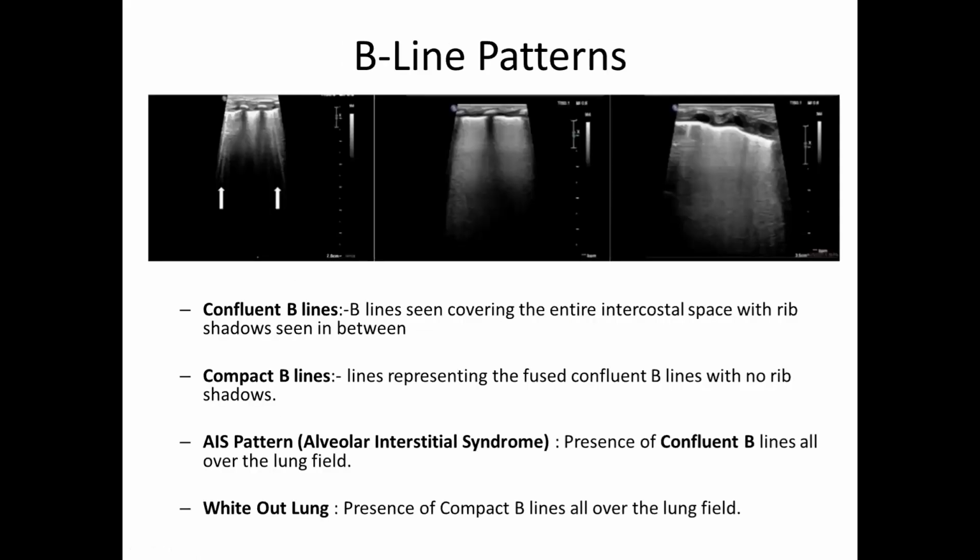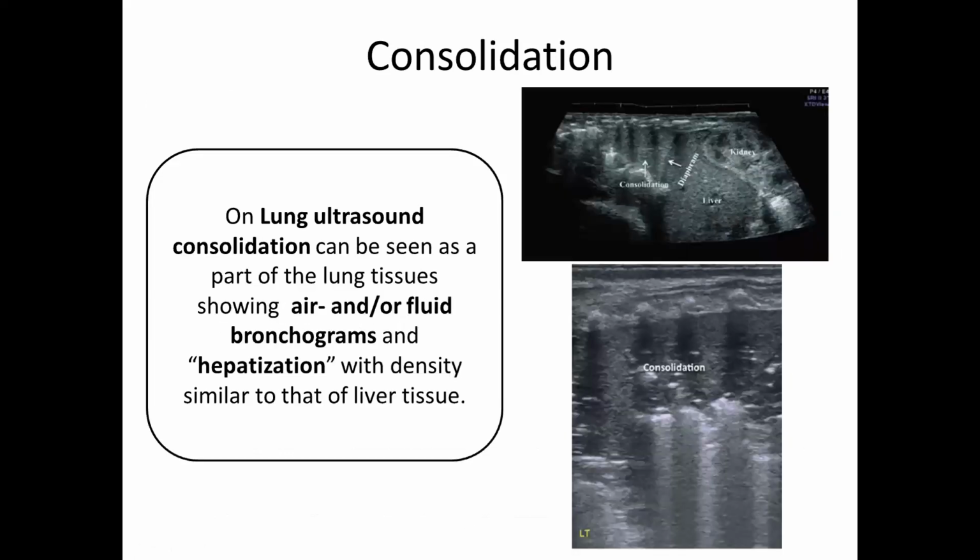There are different types of B lines: simple B lines, and confluent B lines, which are B lines covering the entire intercostal space with the rib shadow seen in between. And compact B lines are the lines representing fused confluent B lines with no rib shadows. Alveolar interstitial syndrome means confluent B lines present all over the lung field, and when compact B lines are present all over the lung field, it is called whiteout lung.